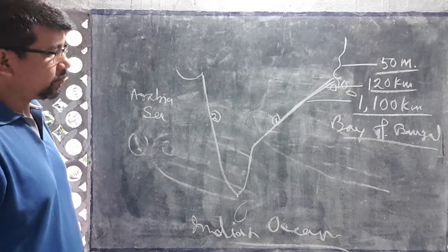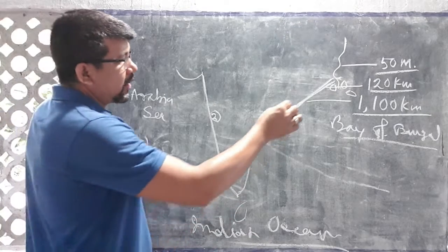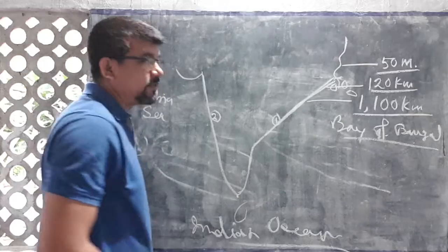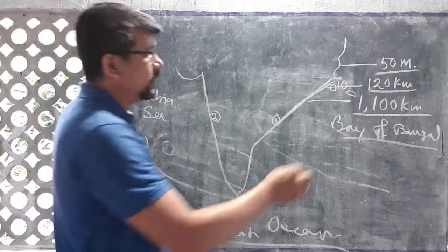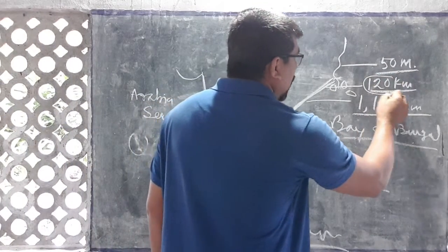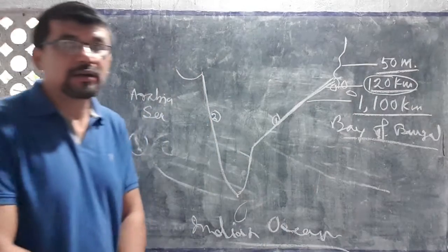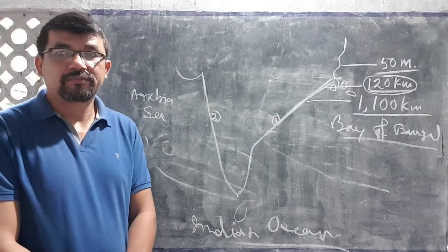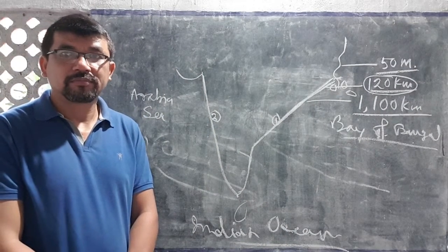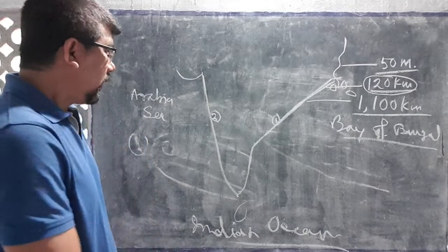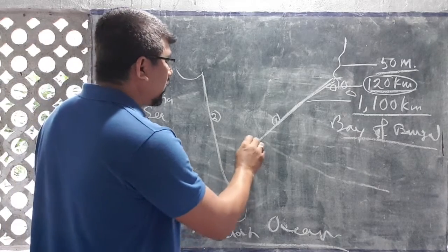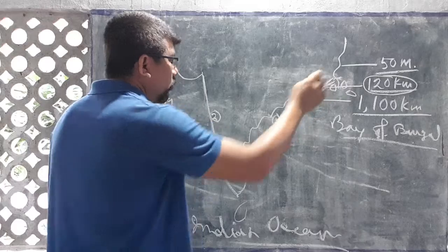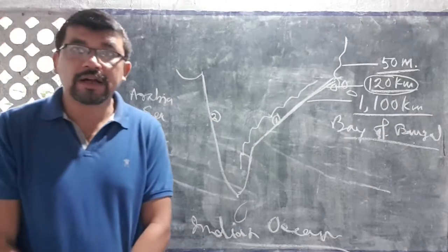Now you see, the eastern coastal region is somewhat wide. That means up to 120 kilometer breadth. Why? Because there is a mountain located here, which is known as Eastern Ghat Mountain.